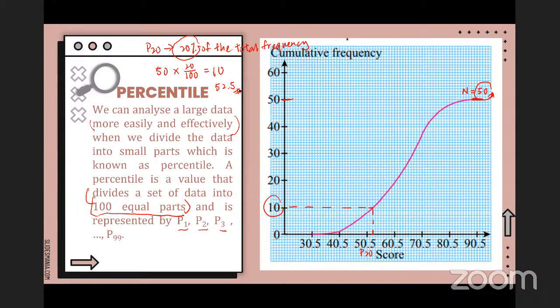If it asks you to find P99, you also get 50 times 99 over 100, and you get the amount here, and you find it here, and you just draw a line to touch the ogive, and you bring it down, and where it intersects means that is the percentile. Okay, does anyone have any questions? If not, then I'm going to proceed.